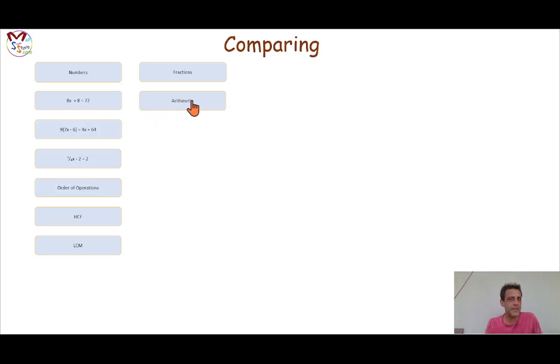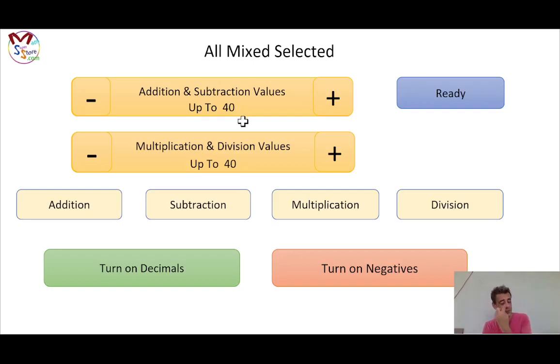Whenever we see arithmetic as a button, this actually takes you to another menu where you can choose what type of arithmetic you want to do. We've got all mixed selected. We could get addition, subtraction, multiplication, division. We can choose the value of addition and subtraction values from 10 up to 1,000 just by clicking the plus, and it goes up pretty quickly.